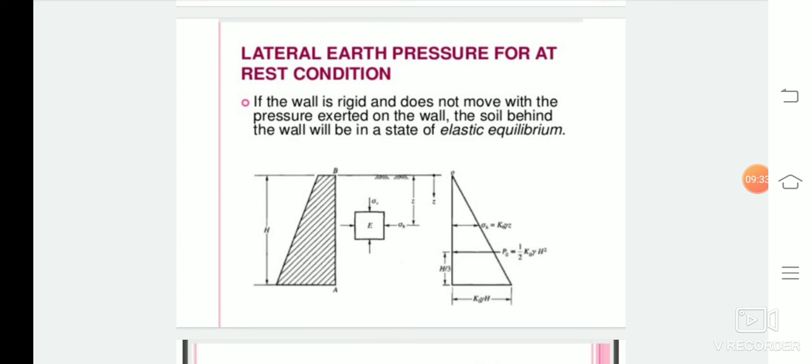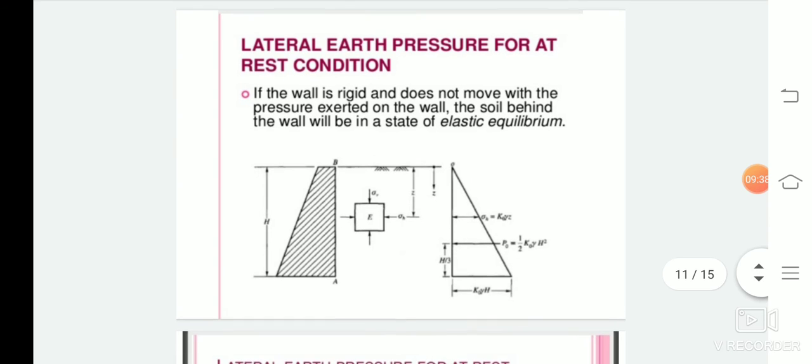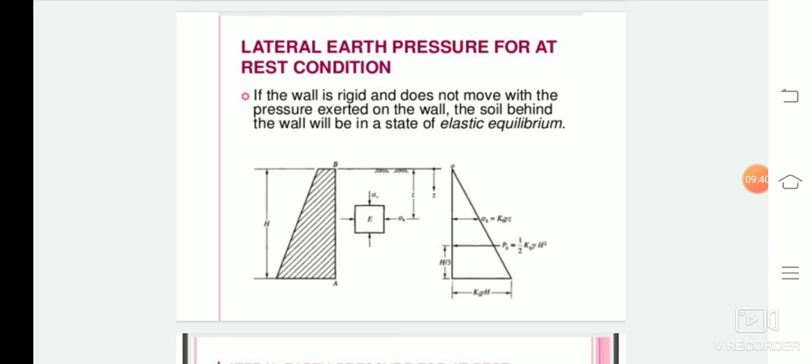If the wall is rigid and does not move with the pressure exerted on the wall, the soil behind the wall will be in a state of elastic equilibrium.